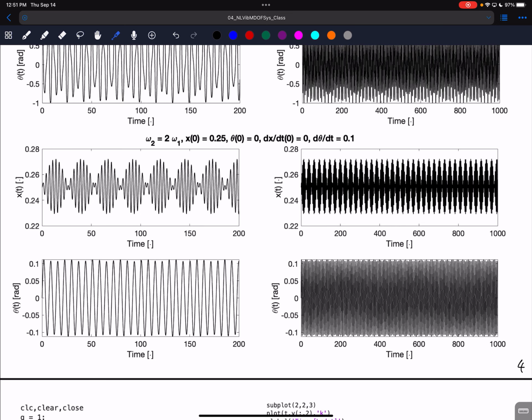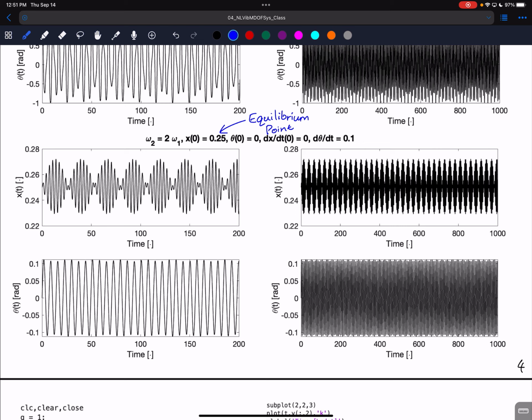In this case, actually, let me just check, where are we at? So in this case, this value right here is actually the equilibrium point for this system. So this is essentially saying x is now starting at 0 for this initial condition.